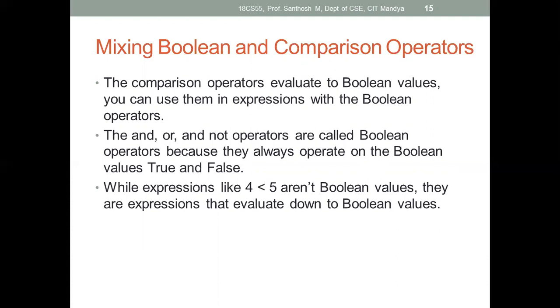Here the comparison operators will accept input of integer values, floating point values or string values, and then give output in the form of Boolean values. Actually we need Boolean values as input for the next Boolean operators. For Boolean operators, we need Boolean values as input, right?